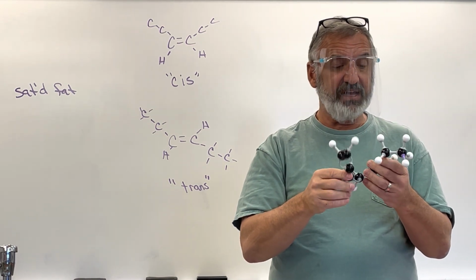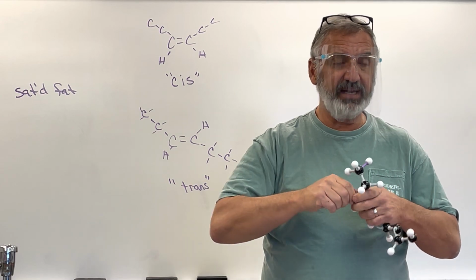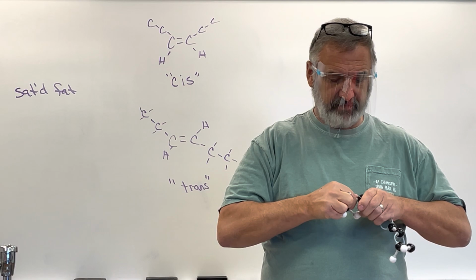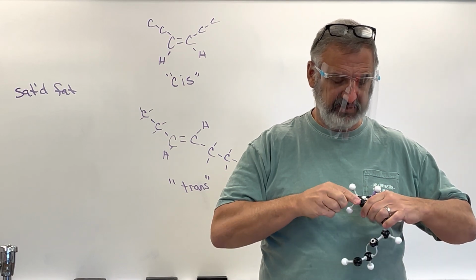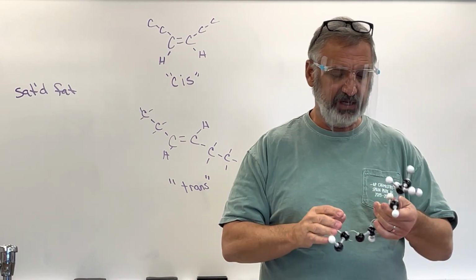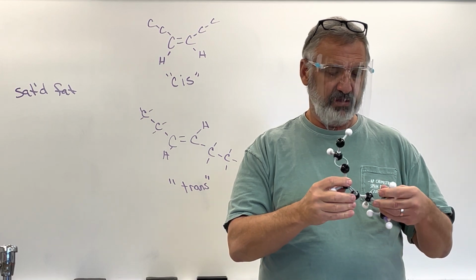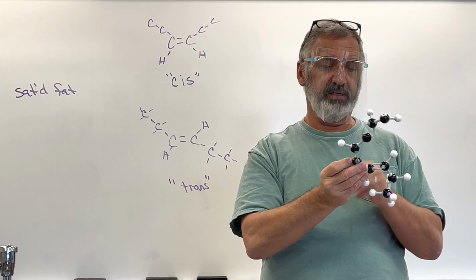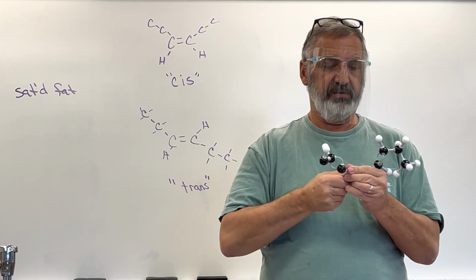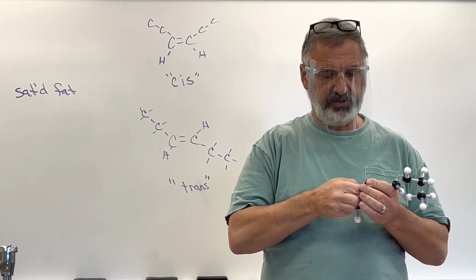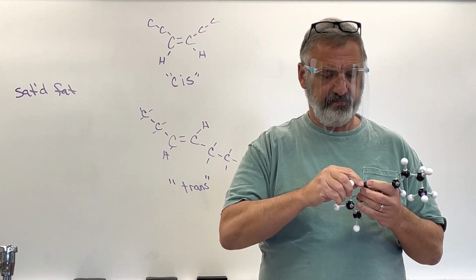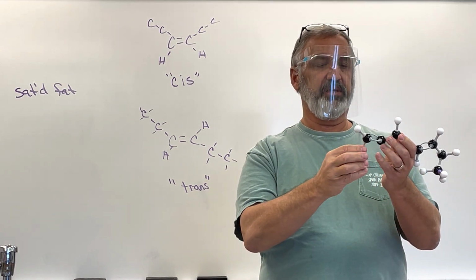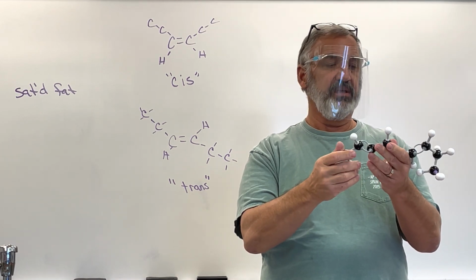But if I have trans instead of cis, you can see from the drawing, it's going to be a lot more linear. Okay, so there's the double bonds going up, going down, double bond. This one switches with this one. And then we're here like this.